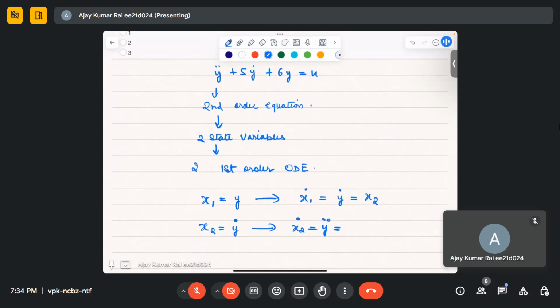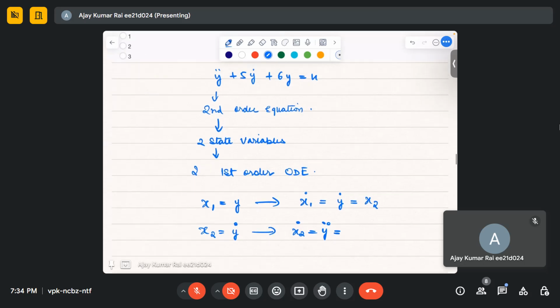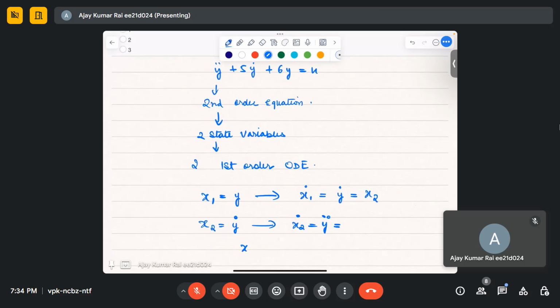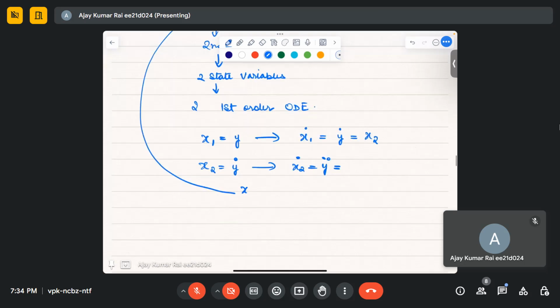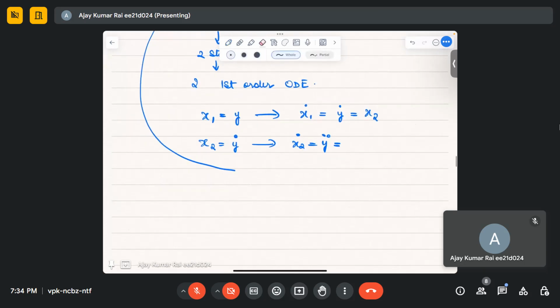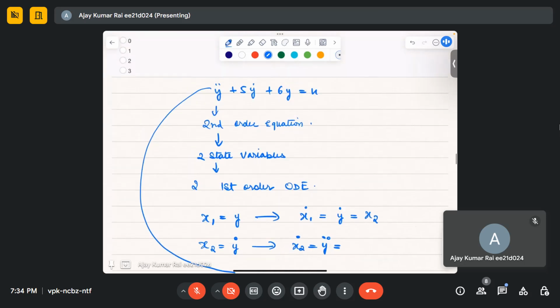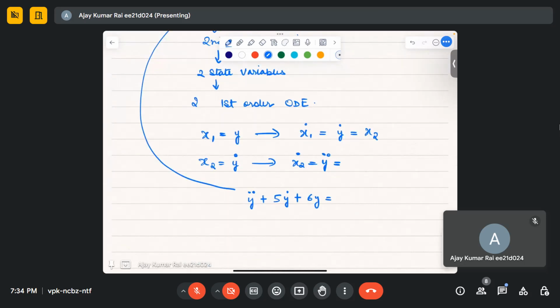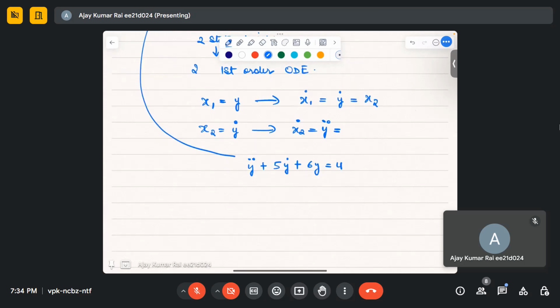Let me write the original equation first: y double dot plus 5y dot plus 6y equal to u. So this is x2 dot plus 5 x2 plus 6 x1 equal to u.